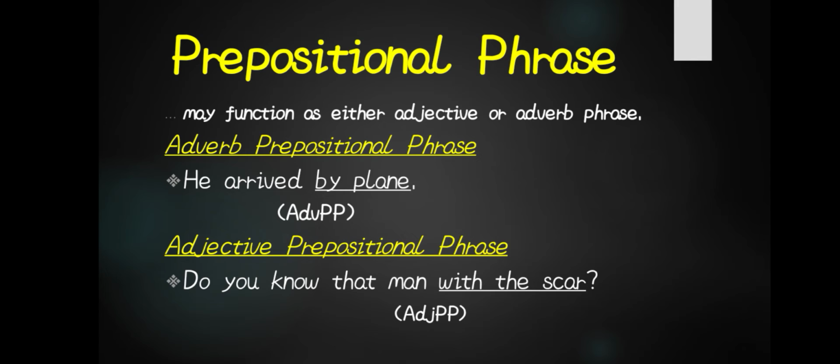Ang answer nato, ang man. So since nag-modify man siya sa man, which is a noun, and as we all know, ang adjective, ang words nga nag-modify og nouns and pronouns, ang tawag na adjective. Therefore, with the scar, which is describing the man, which is a noun, is an adjective prepositional phrase.